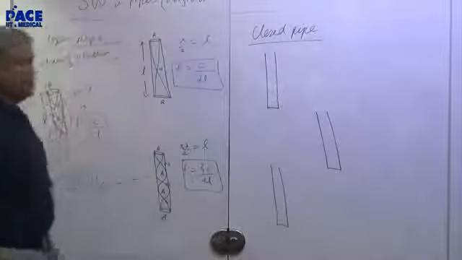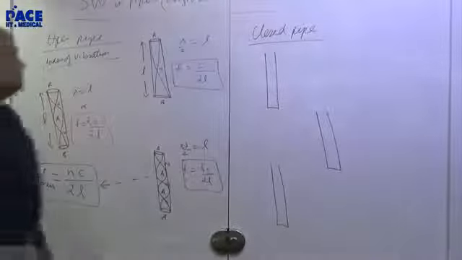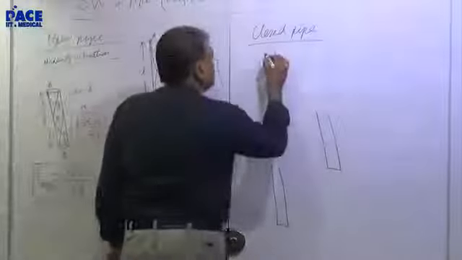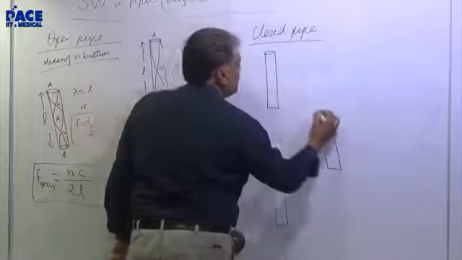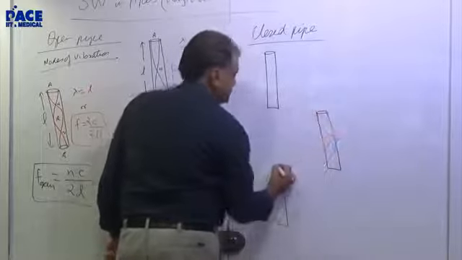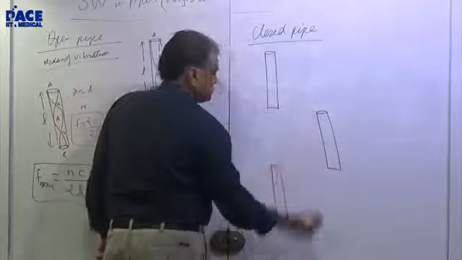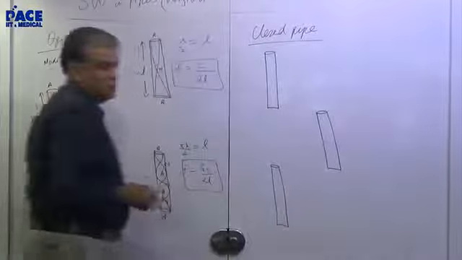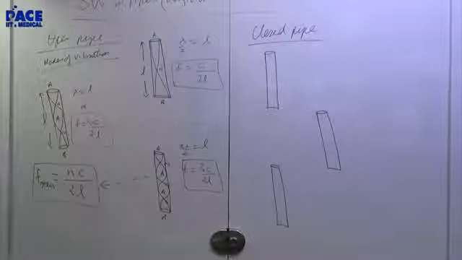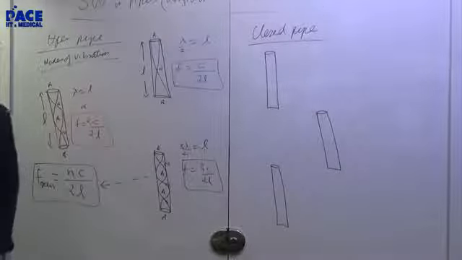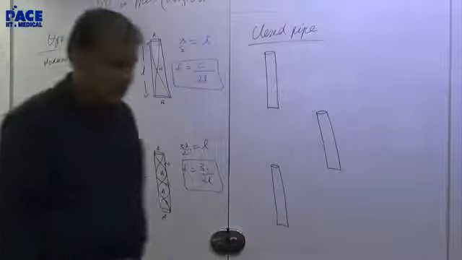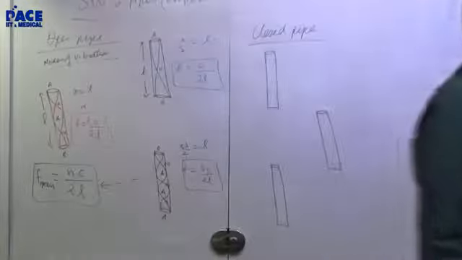Just see if you can figure out what is the frequency in this case. This is called the closed pipe. A closed pipe is closed at one end and open at the other. So can you get me the first, second, third and the general frequency in case of a closed pipe?